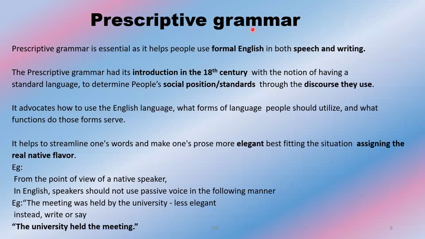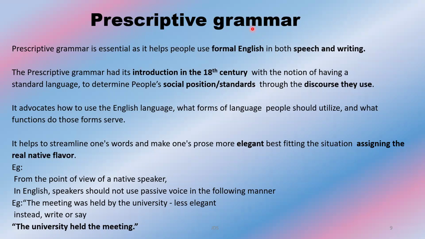Any person who learns the language based upon the prescriptive viewpoint is expected to use the language very accurately. It can be in terms of speaking the language, or it can be in terms of writing the language.